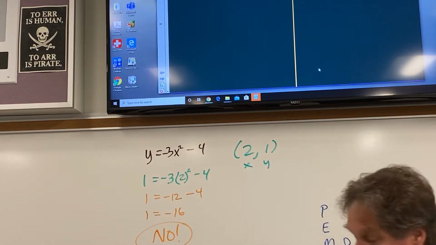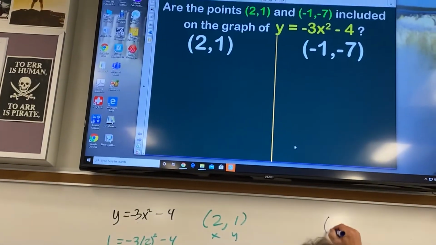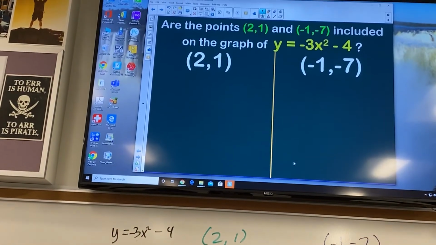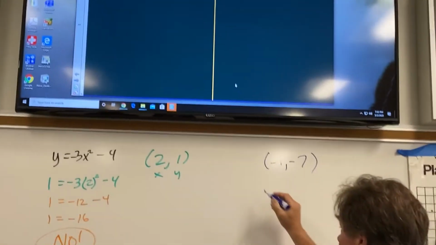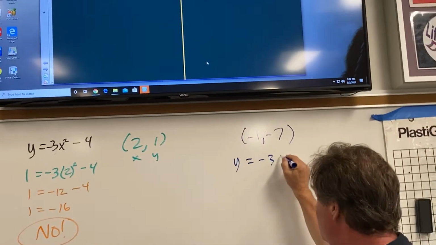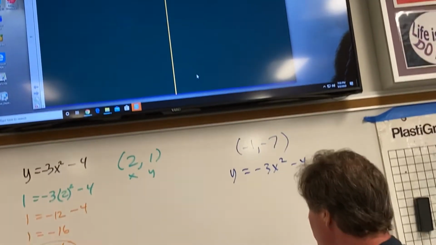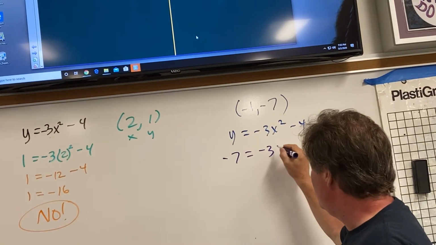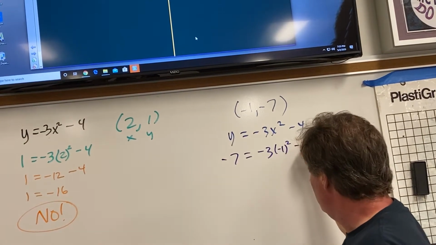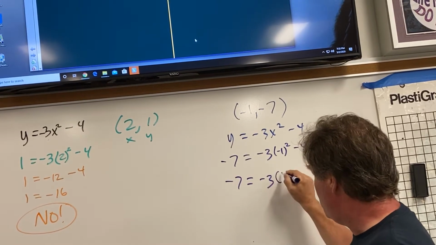So let's try the next one. The point (-1, -7). I'm going to do the same exact thing with that. I'm going to plug it into y equals -3x squared minus 4. That's going to be -7 equals -3x squared minus 4. -7 is -3 times -1 squared, which is 1.